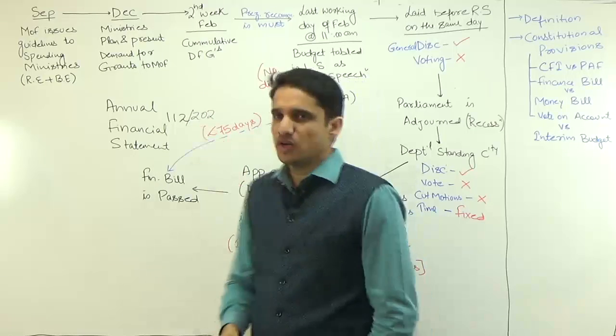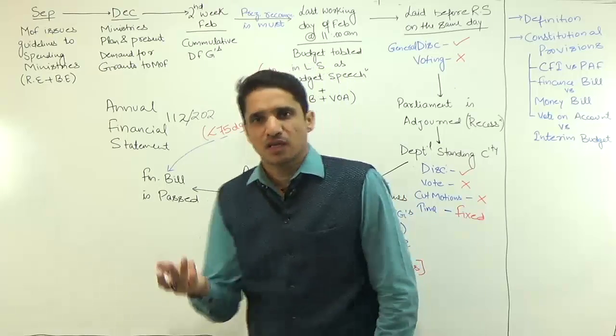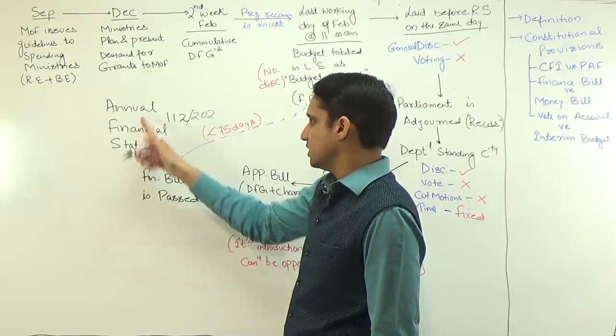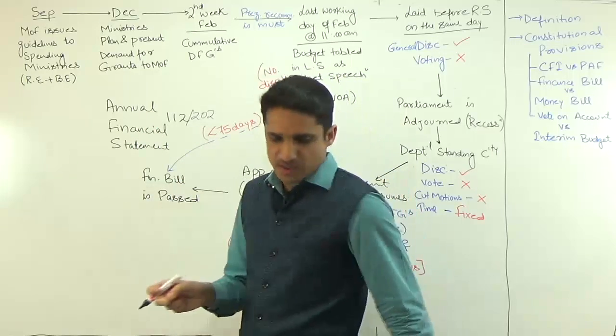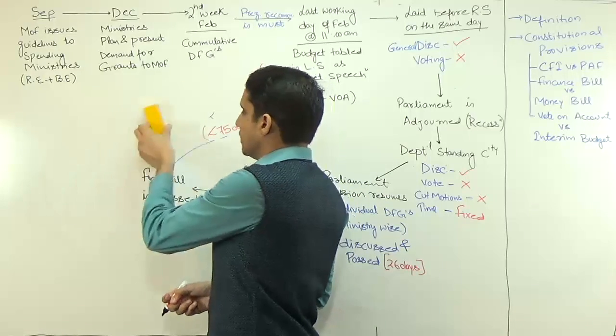As per Article 112, it is the duty of the President to lay the budget before the Parliament. So this is the annual financial statement, rather than the word budget, mentioned in the constitution, and the article is 112.